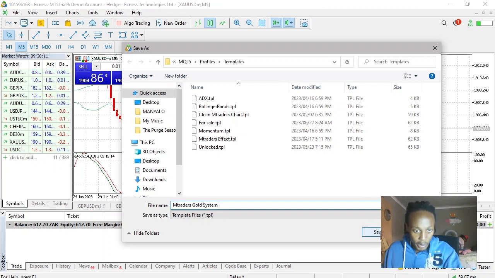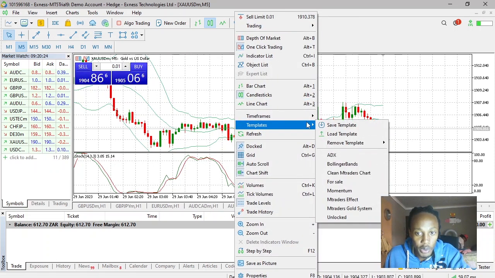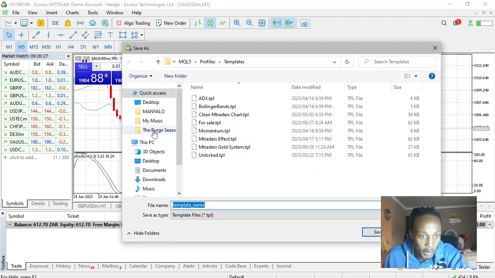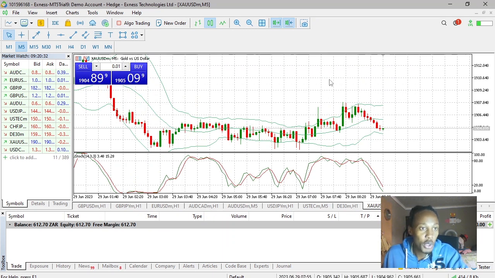Then you say save. So it will be there, even if you want to go on to another chart, you can easily get it from the folder you saved it in. You can save it wherever you want, you can change folders, put it on your desktop, wherever you want. So this is how I use it.